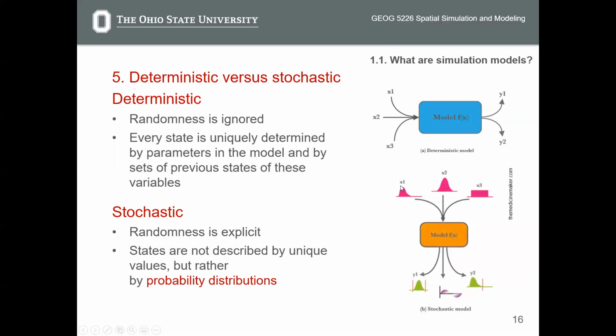For example, we still have 3 inputs, and each input is not a variable, it is a probability distribution. It means that, okay, for x1, it could be anywhere from, say, 0 to 2.0.